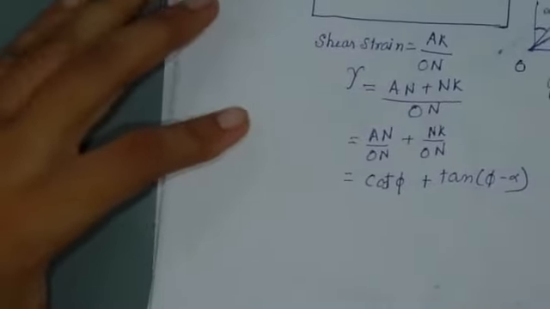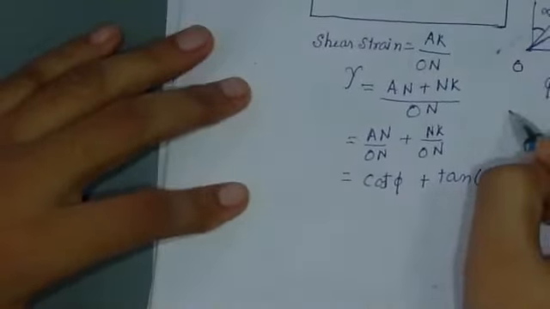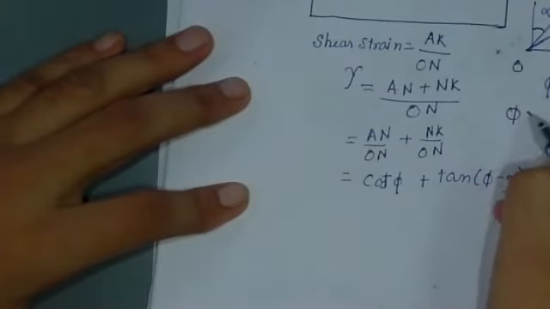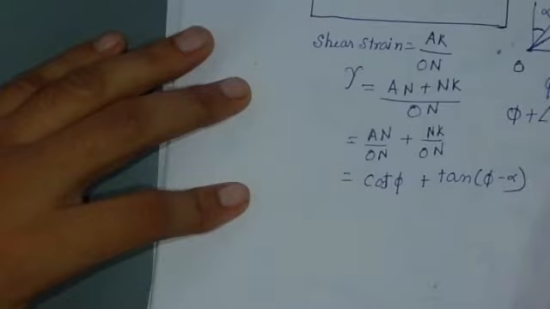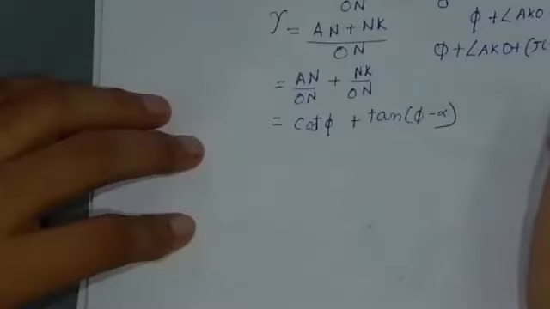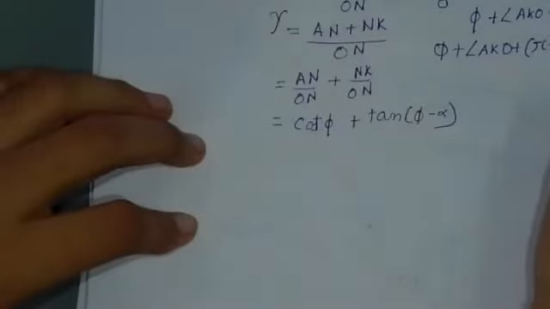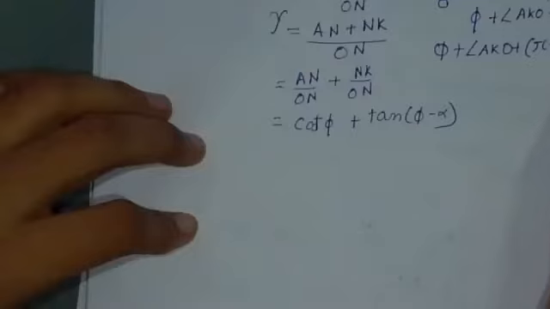Or again you can write phi plus angle AKO plus AOK will become pi by 2 plus alpha, that is equal to pi.